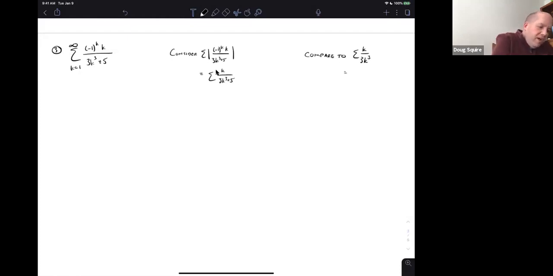We simplify that by pulling 1/3 out, and we get 1 over k squared. That series converges because it's a p series where p is 2, which is bigger than 1. Everybody clear on that part?